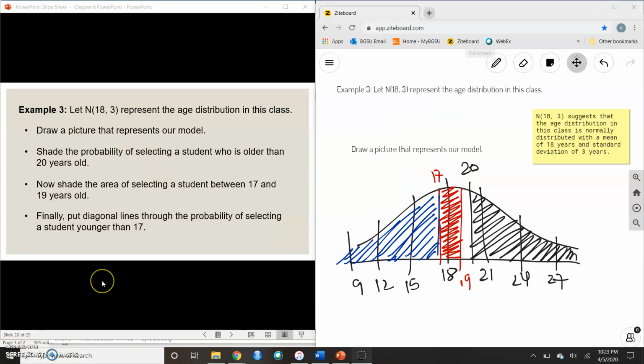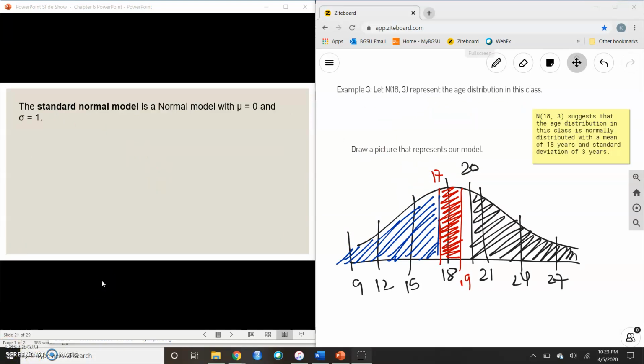Okay, so moving on, we're going to talk about the standard normal model. I want to make a clear distinction between what is a standard normal model and what is just a regular normal model. A normal model is like what I have drawn right here. The normal model is unimodal and symmetric, except that these values right here are going to depend on our data.